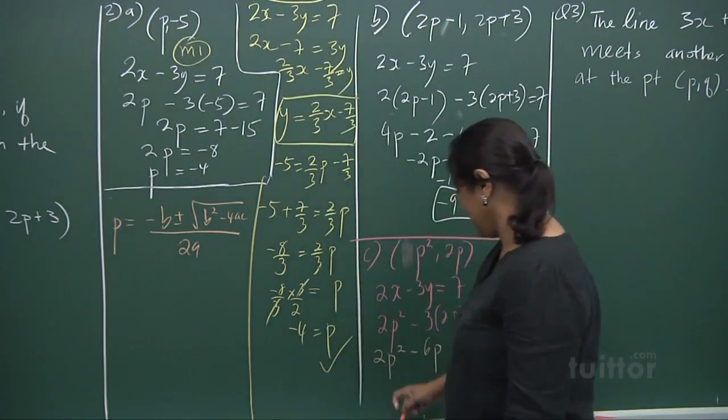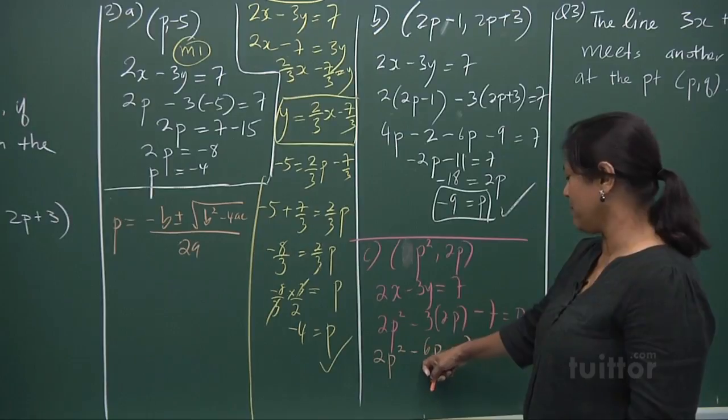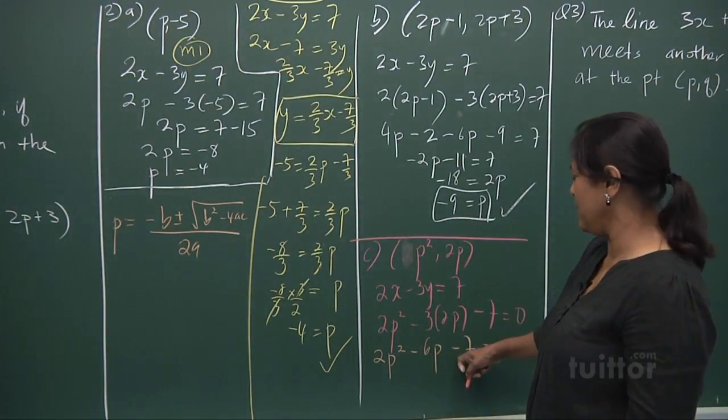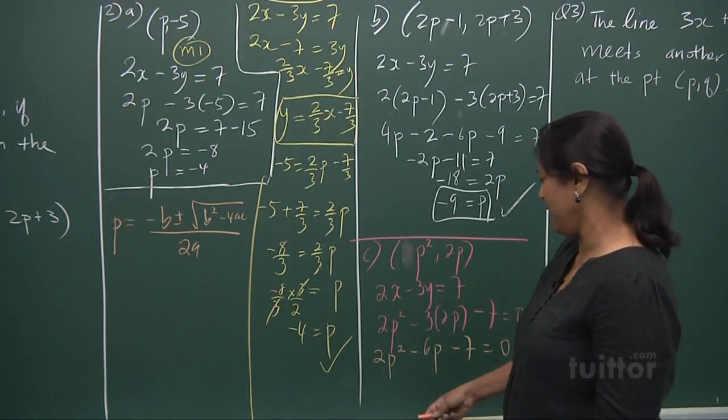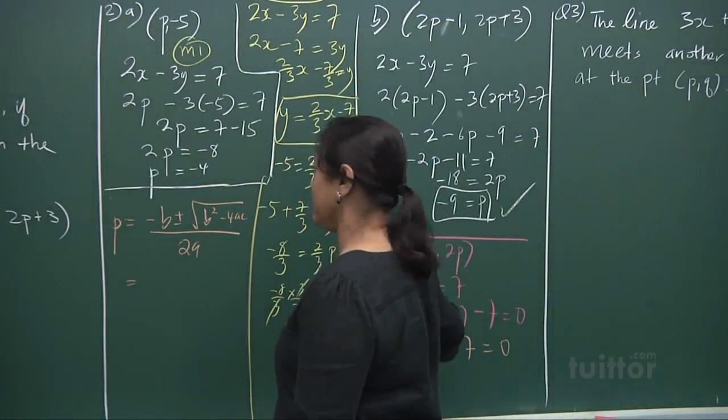In this case, your a here is 2, your b is minus 6, and your c is minus 7.